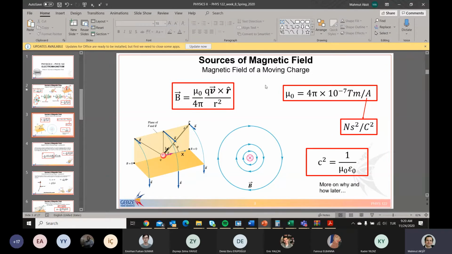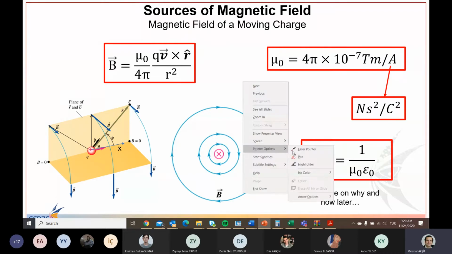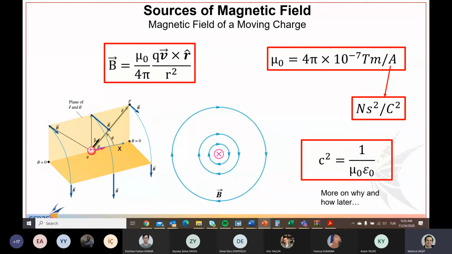We are interested in finding the magnetic field here, and we are moving here. The angle is then 0.